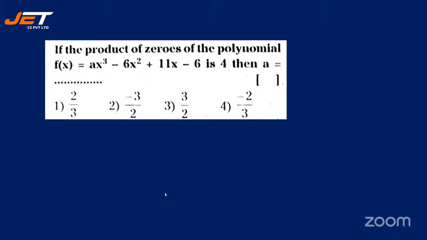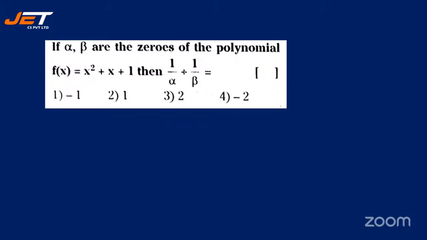Navatej as well. Then I have Pranita. Yes, Pranita. Good. All right. See the answer for this. It is 3 by 2. And with this, we close for today.